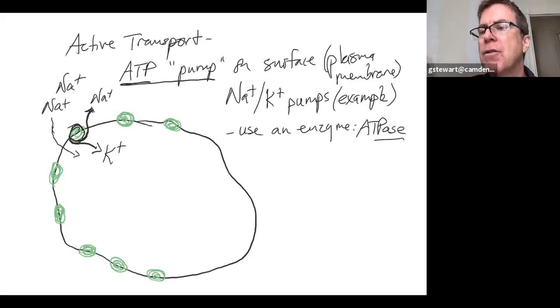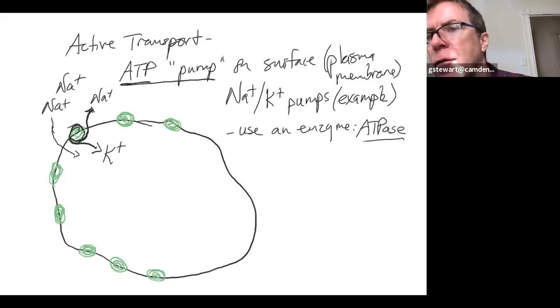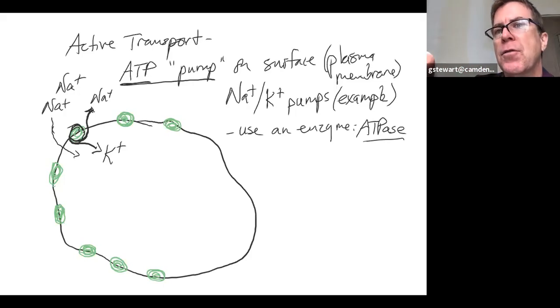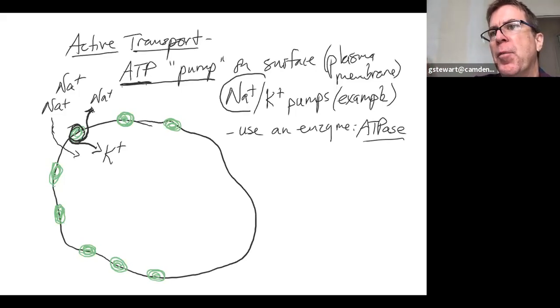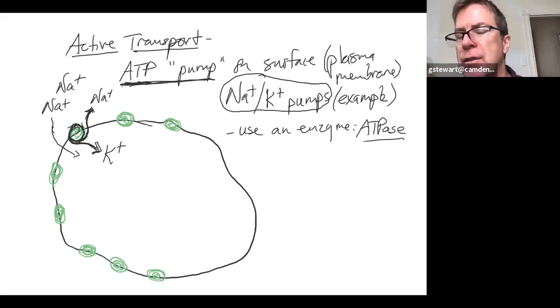That enzyme actually cleaves or chops off that terminal phosphate to spend the energy in ATP. So that's a classic example of active transport, the sodium potassium pump. It uses ATP and therefore energy to pump sodium out of a cell and potassium into the cell. And it works 24 hours a day. While you're sleeping, it just keeps chugging right along.